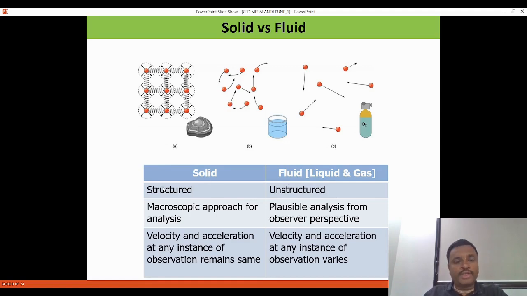Because with solid, we can do experiments, the observations are valid, we can rely on those observations. There are quite few chances where you will get uncertainty in solid-related experimentation, whereas with fluid, there is a lot of uncertainty.